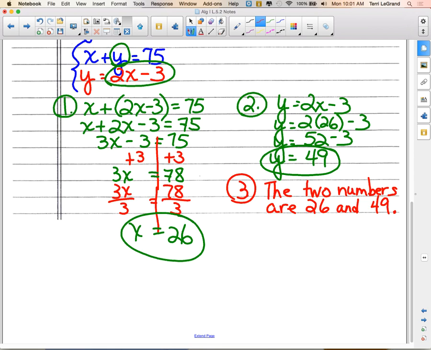Or 49 and 26. Now, depending on what you let x represent, what you let y represent, if somebody else would have said, I'm going to let x be the second number, and I'm going to let y be the first number, then you might have been solving for the 49 before the 26. It doesn't matter. The two numbers are, do they add up to 75, by the way? Yeah. And then it said that one of them is 3 less than twice the other.